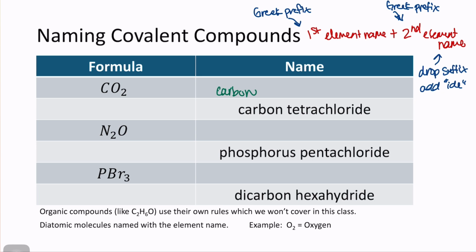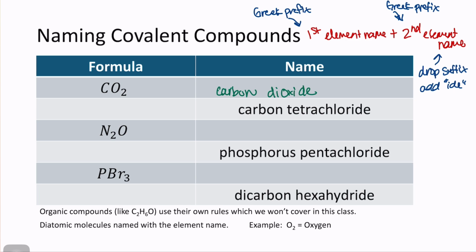I have two oxygen, so oxygen, the YGEN is the suffix, and I'm going to drop that and add "ide," so it's going to be oxide. I have two of these, so the Greek prefix for two is di, which means that I need to add the di in front of my second element name. So this is carbon dioxide.